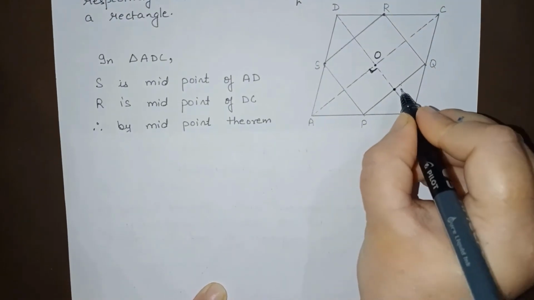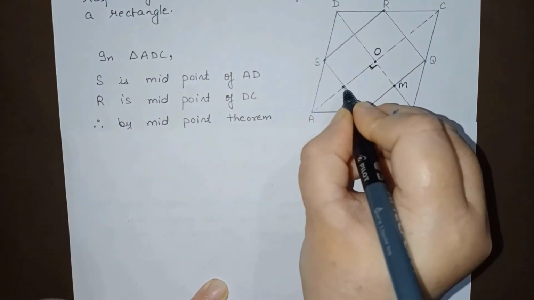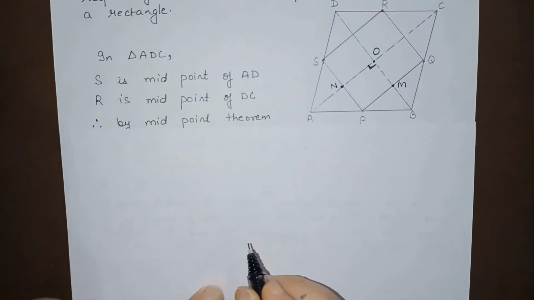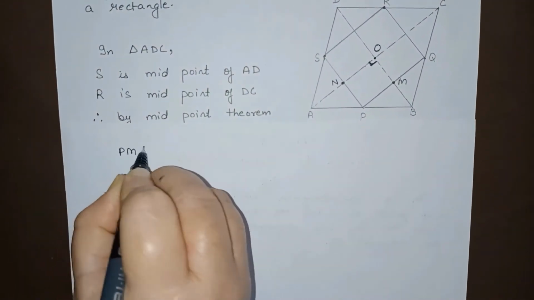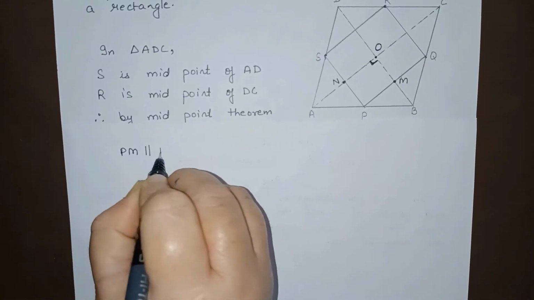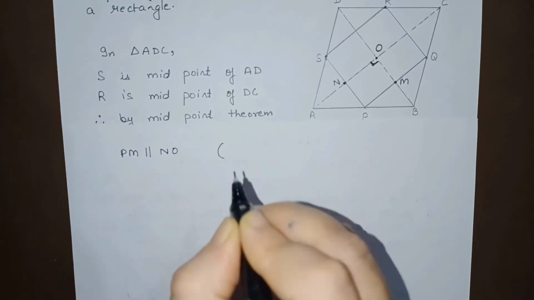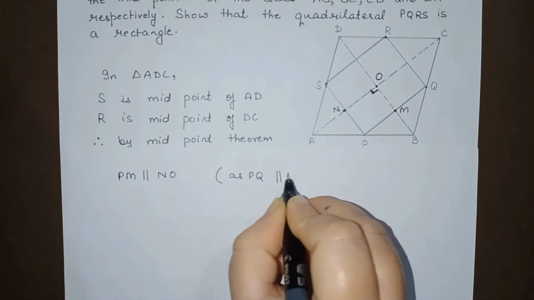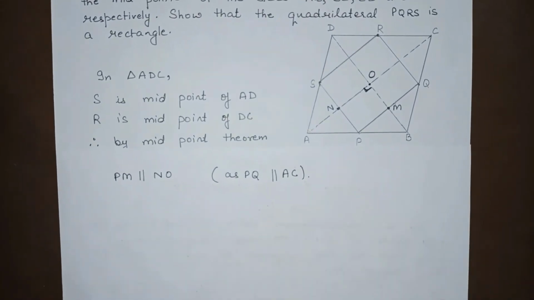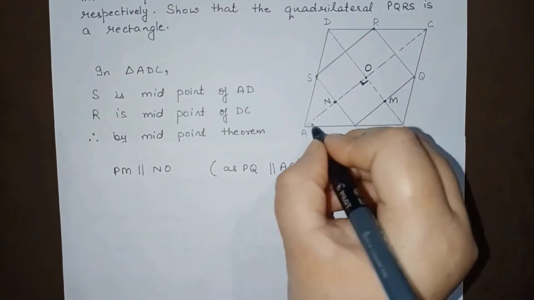Let us take this point as M and this point as N. Now we have PM parallel to NO as PQ is parallel to AC. This we have proved above that PQ is parallel to AC.